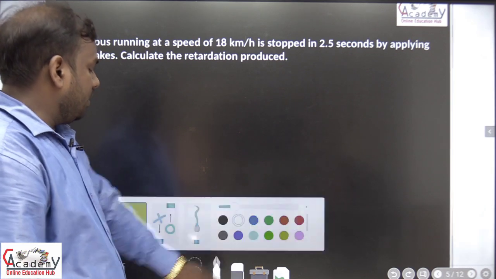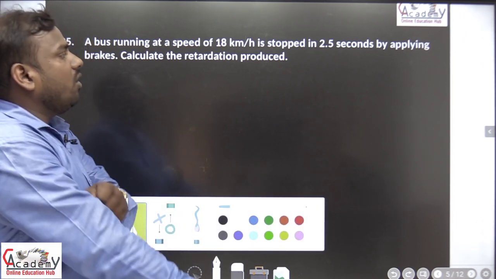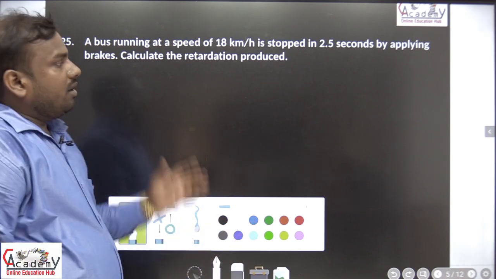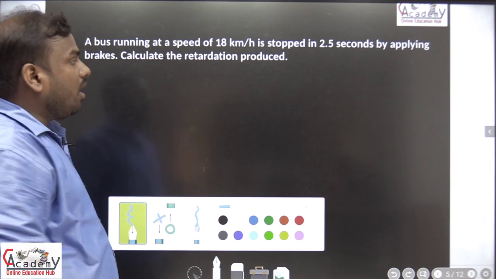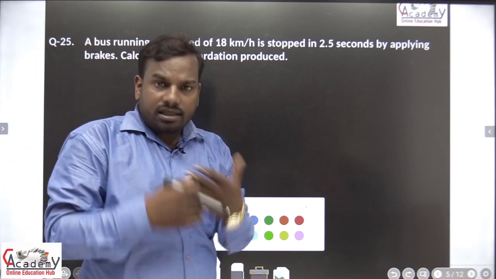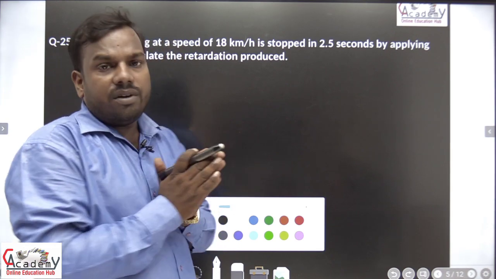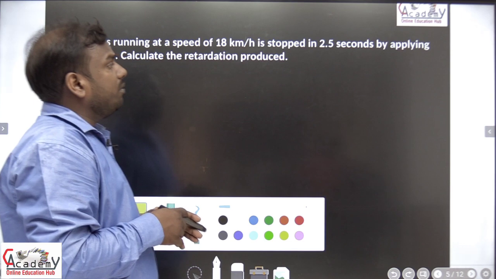How do we solve this? A bus running at a speed of 18 km per hour. This means the initial velocity is 18 km per hour, when the observer starts observing.